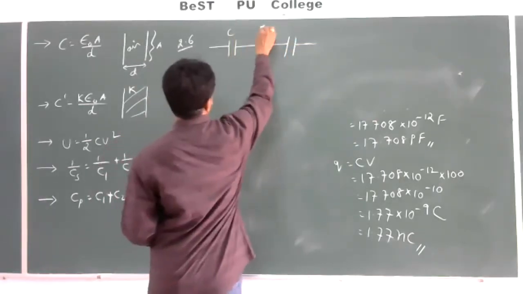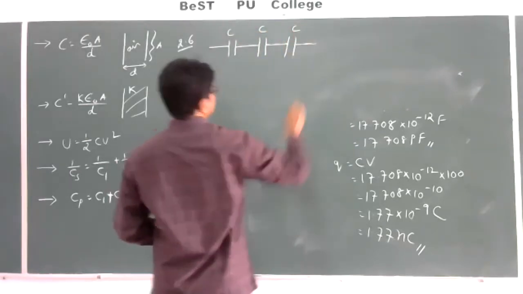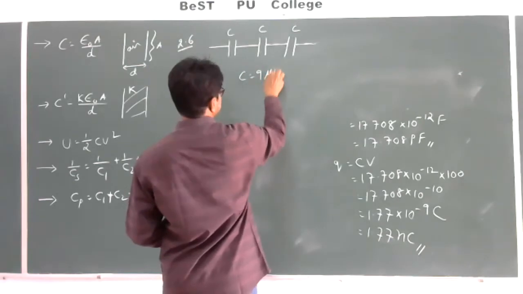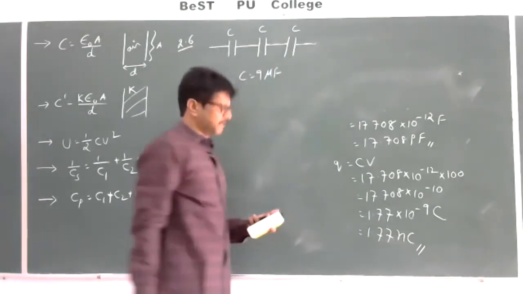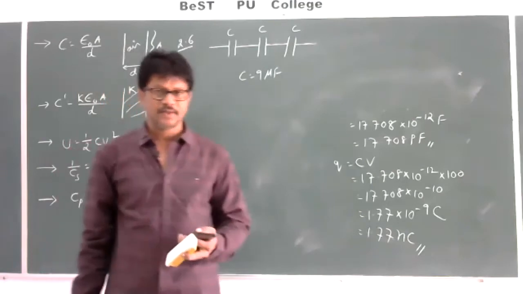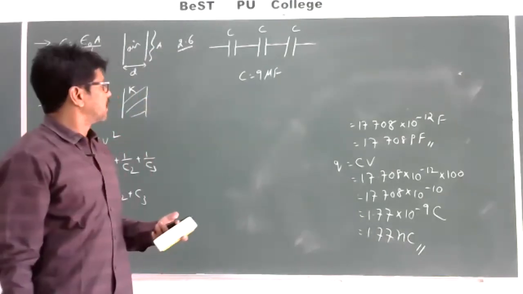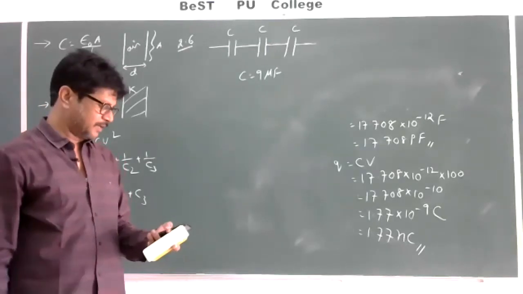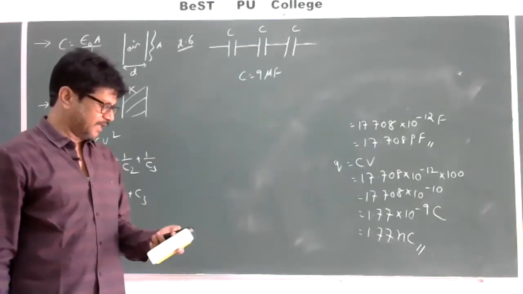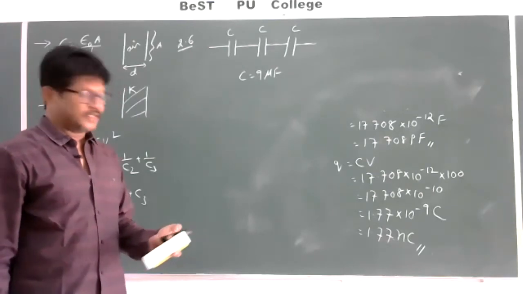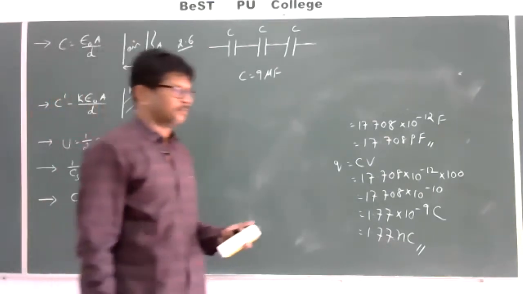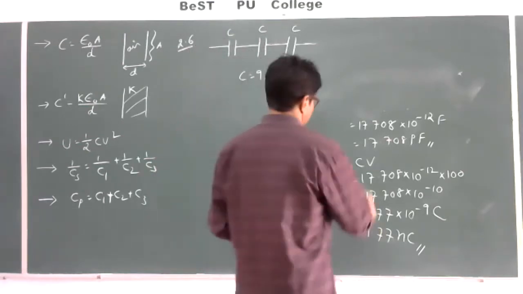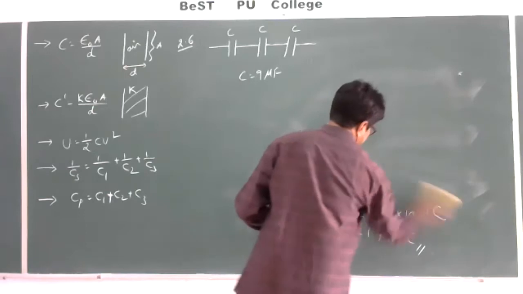All three capacitors have the same capacitance, 9 microfarad. What is the total capacitance of the combination? So he is asking us to find the effective capacitance.